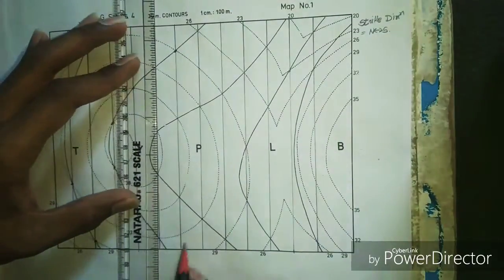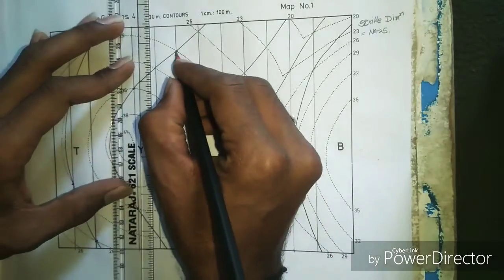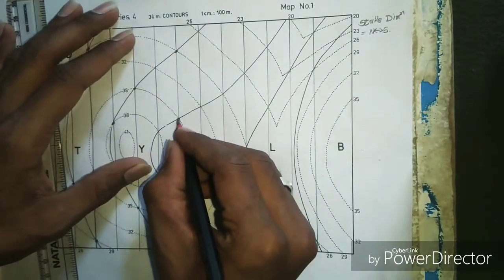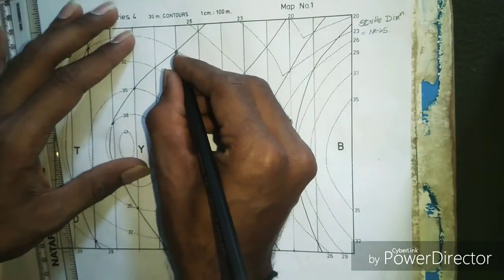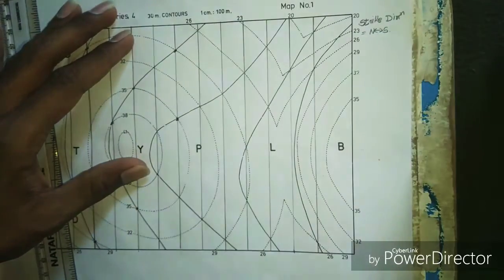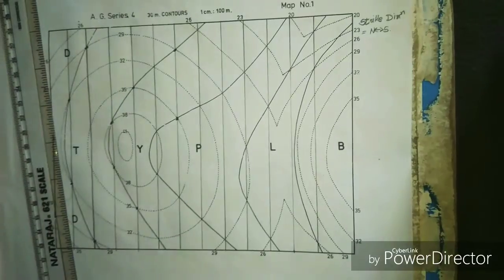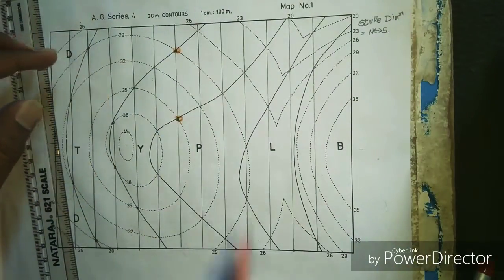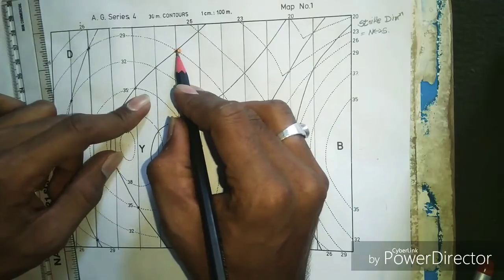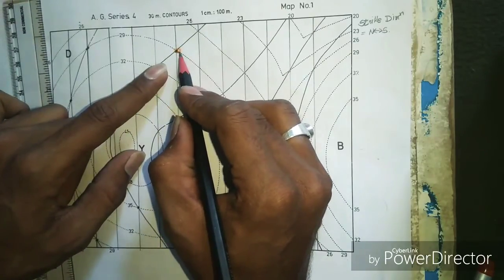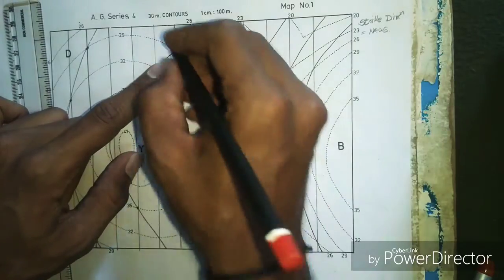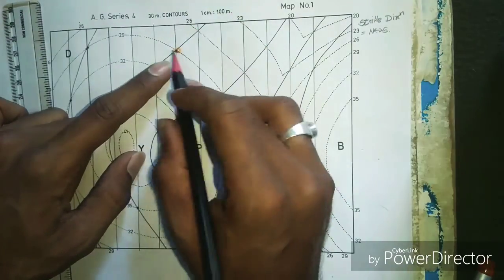I will consider this strike line. So the starting of the bed and the ending of the bed, I will mark this point of intersection with this marker. This point of intersection, where a junction line, a contour line and a strike line meet, is known as a triple junction.